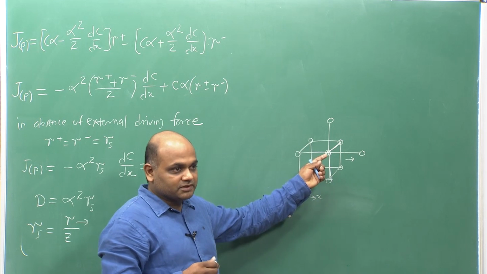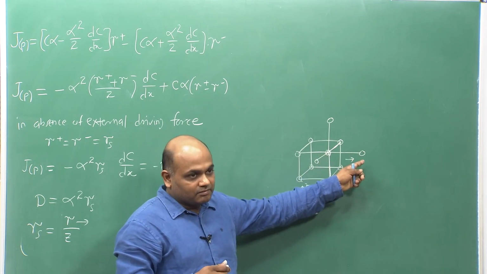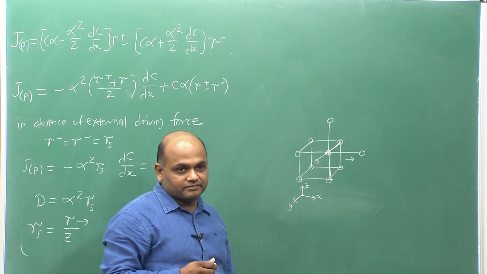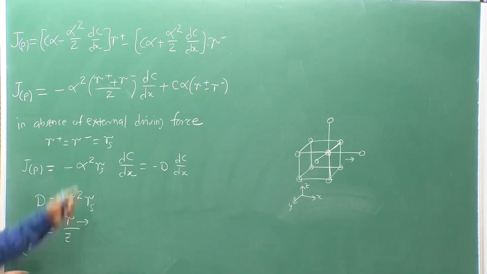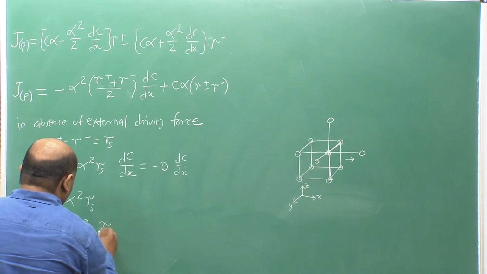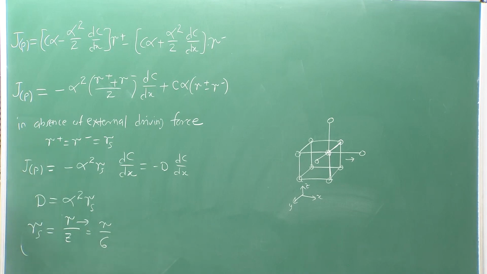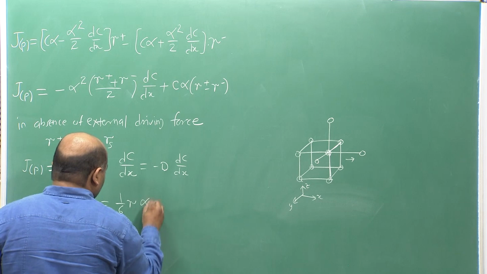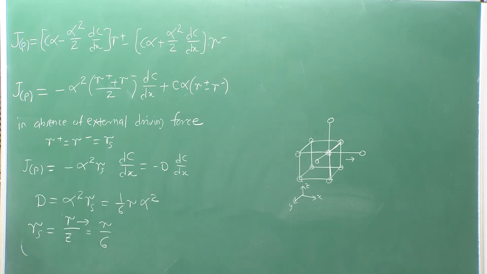So, the only jumps that matter are plus x and minus x. So, for simple cubic, this treatment that we applied will be valid, and in that case it will be gamma by 6. So, D is equal to 1/6 gamma alpha square. Okay.